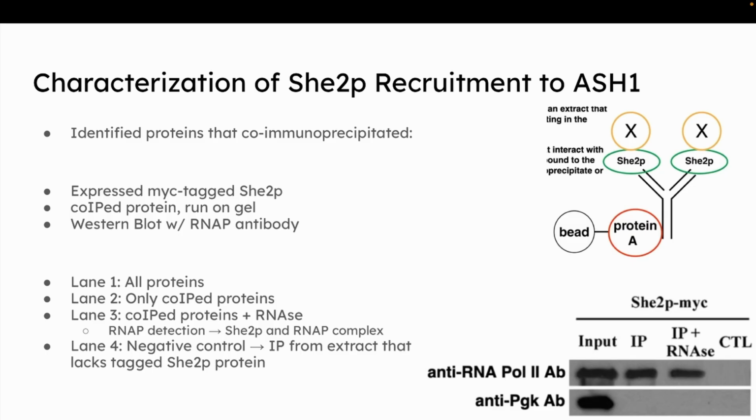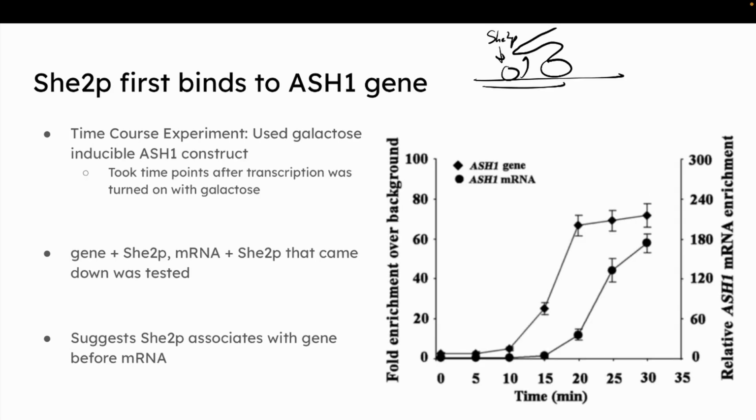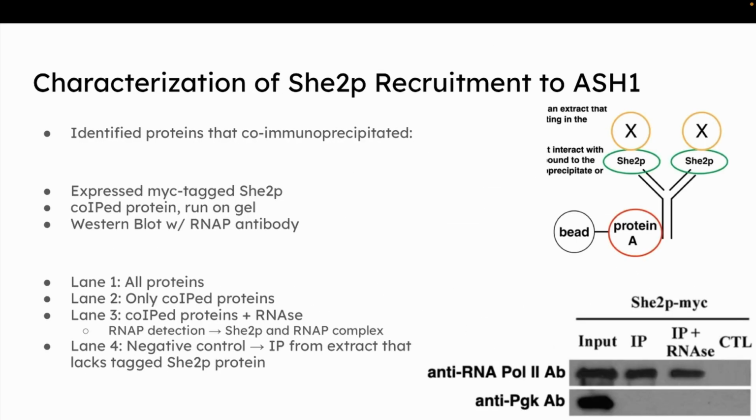And so they wanted to take a closer look at this, right? They wanted to see, okay, is this really true? Because if this were true, then SHEP2 should have some nice binding with RNA polymerase. It should be good friends with RNA polymerase. Well, let's see if that's the case. So what they did was they used co-immunoprecipitation.